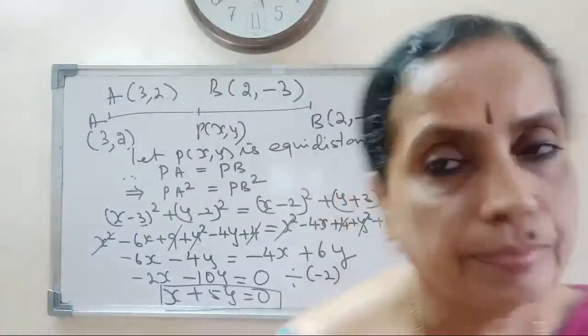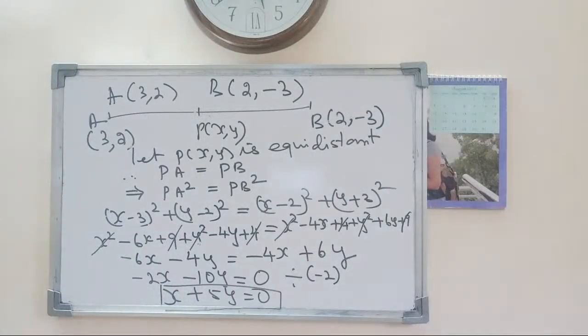Check your answer. I will be waiting for your completion. x plus 5y equals 0.